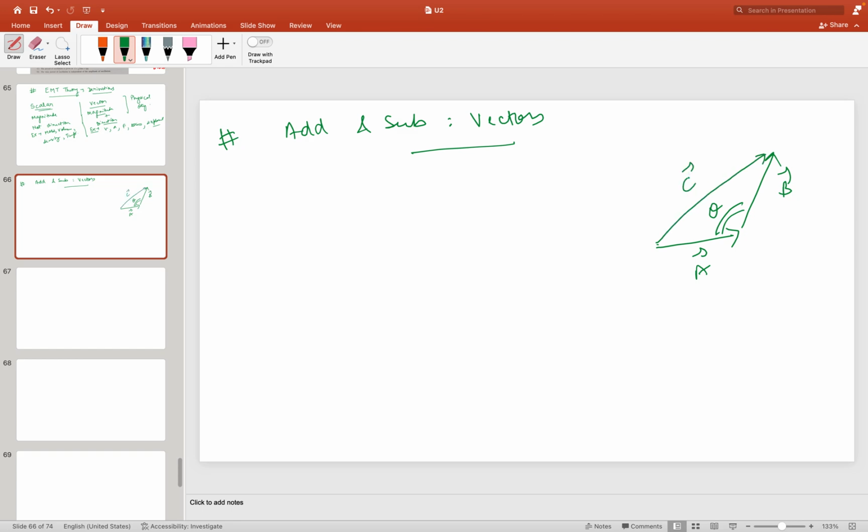That is the C vector. So we can simply say C vector is equal to A vector plus B vector, where the magnitude of C vector is equal to under root A square plus B square minus 2AB cos theta. This is how we write the vector.